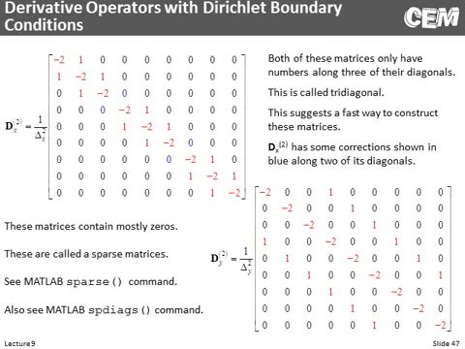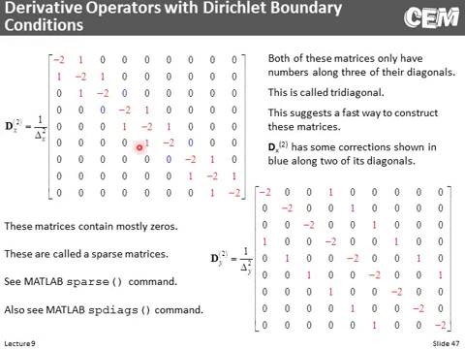Let's look at the y derivative. This is exactly just 3 diagonals. The center diagonal always has -2's, and we have an upper diagonal with 1's and a lower diagonal with 1's. The only trick is figuring out where the diagonals go. The -2's always go down the center, but we have to figure out where these 1's go, and that depends on the width of your grid.